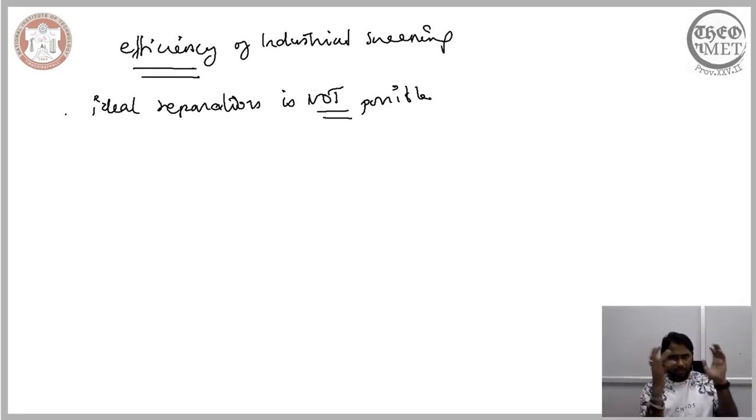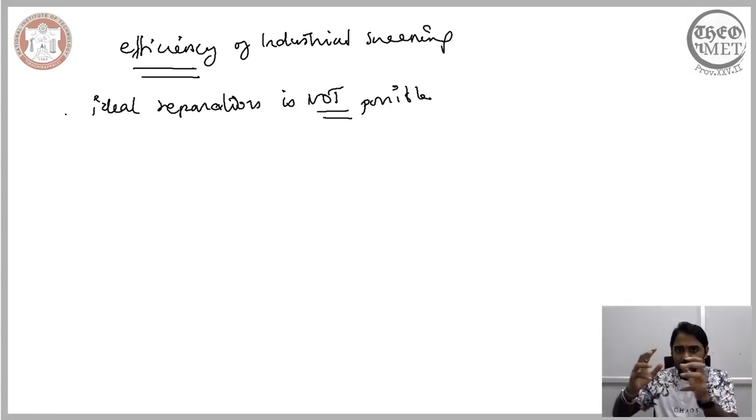So we have to have an industrial screening process that is highly efficient, and there are several ways for us to improve upon the efficiency of this process. What we mean by improving the efficiency is that we increase the probability of the events that contribute to the screening process.